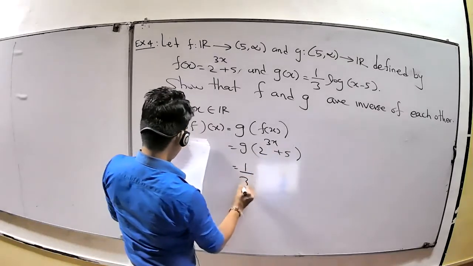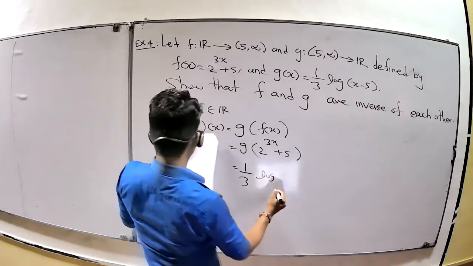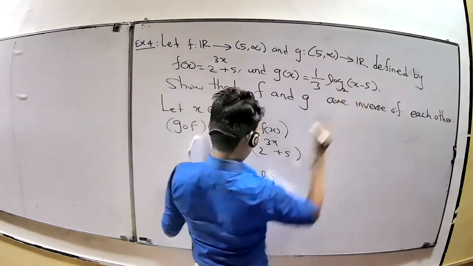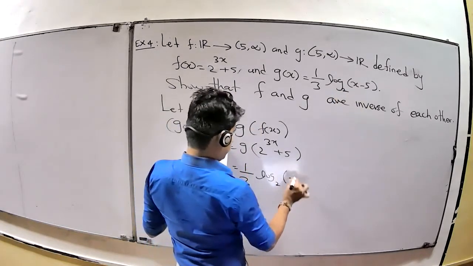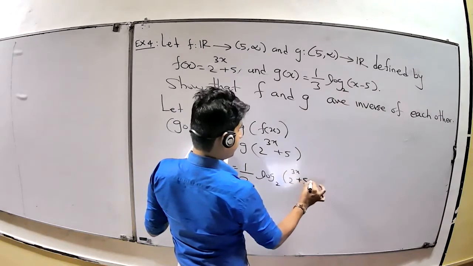1 by 3 log base 2 of 2 power 3x plus 5 minus 5.